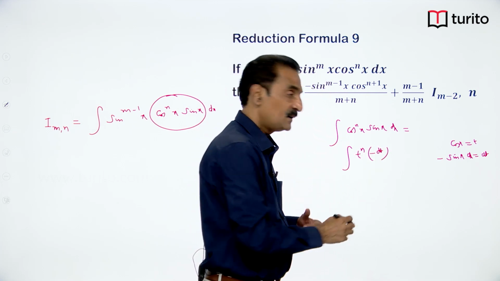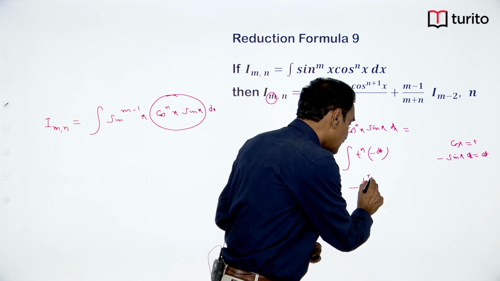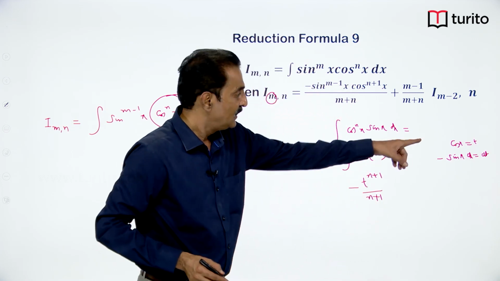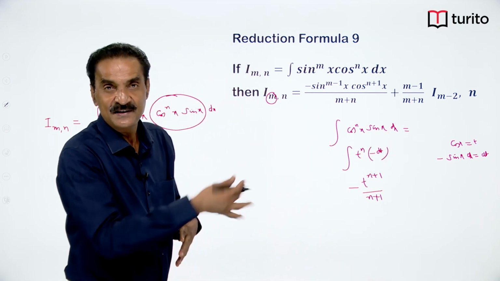What is it? Minus t power n plus 1 by n plus 1, where t is cos x. I will write it directly.